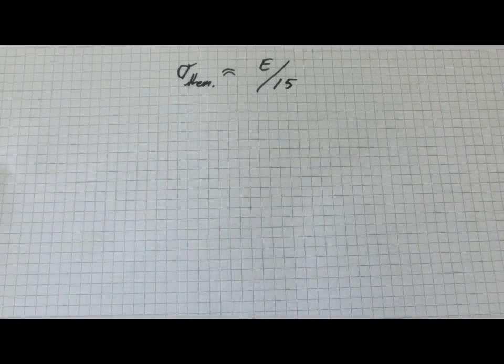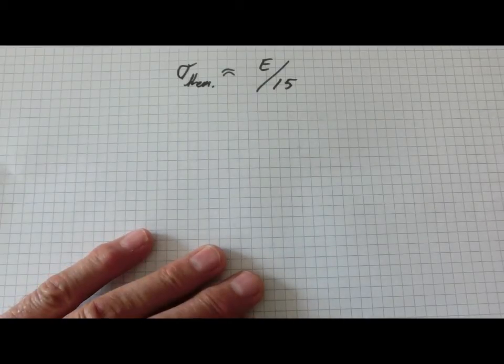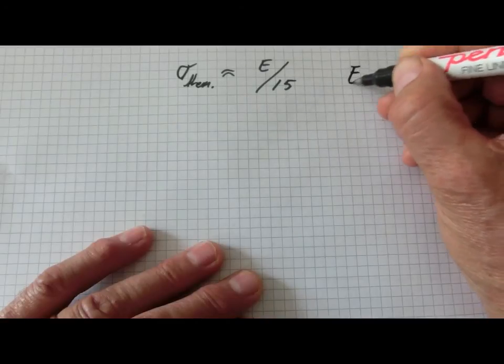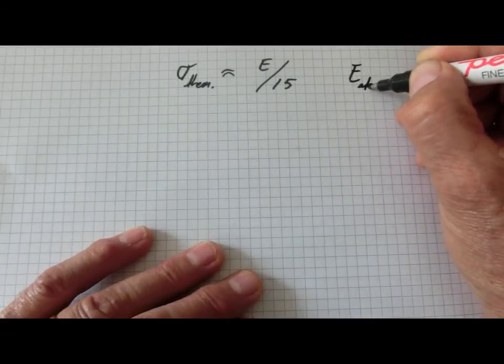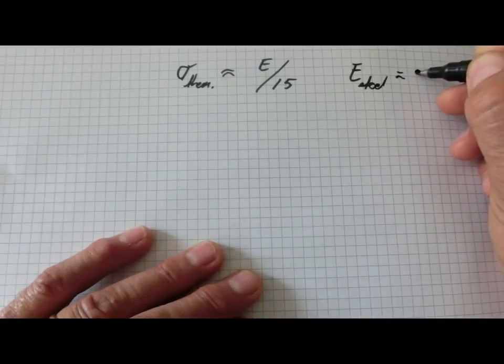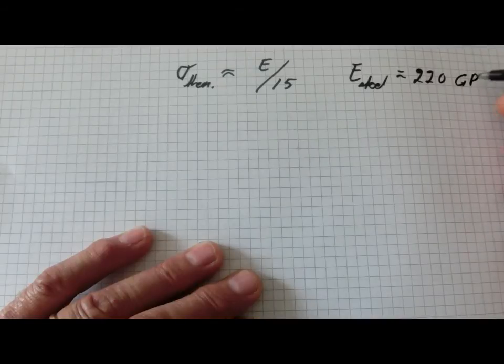If we now calculate the theoretical value for a real material, for instance for steel, we know that the elastic modulus for steel is about 220 gigapascal.